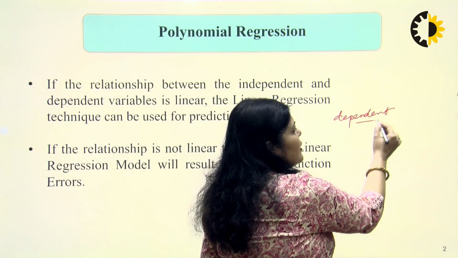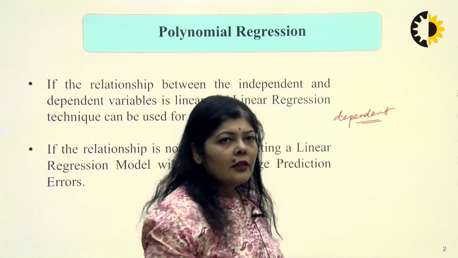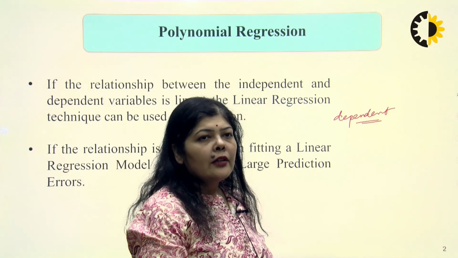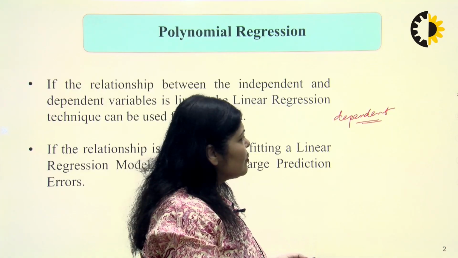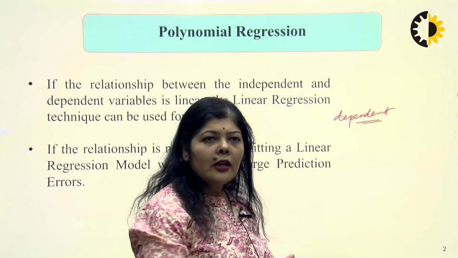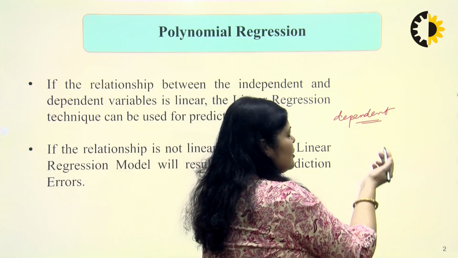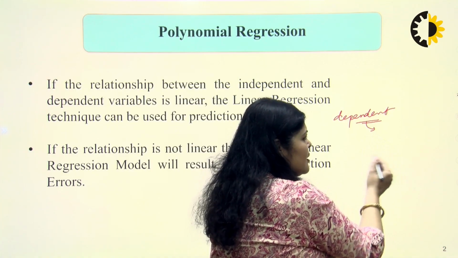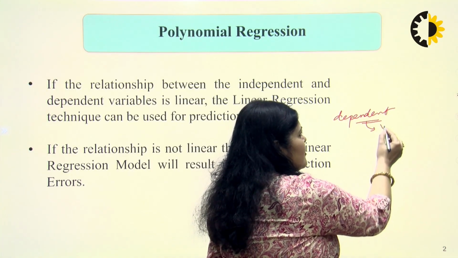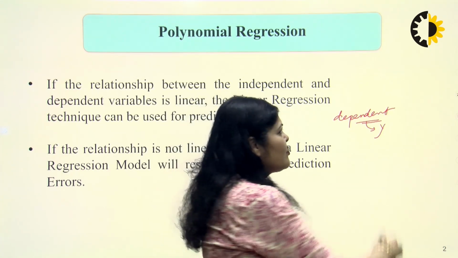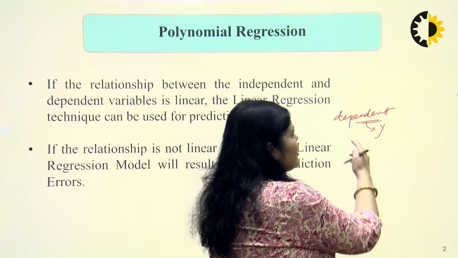The dependent variable is the one which is dependent on the other variable, and we are trying to predict its value with the help of the independent variable. Most of the time the dependent variable is indicated with the letter y. So we are using a small case y to denote this dependent variable.